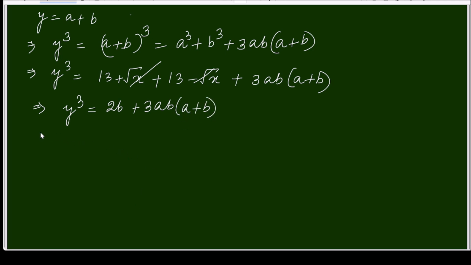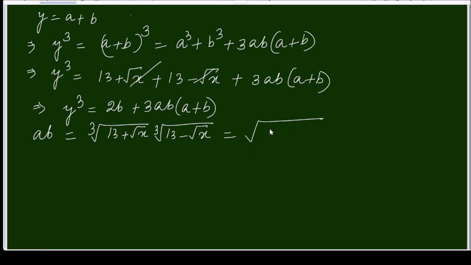Now let us check this term ab. ab equals cube root of 13 plus square root of x multiplied by cube root of 13 minus square root of x. So this will be cube root of 13 square minus x.